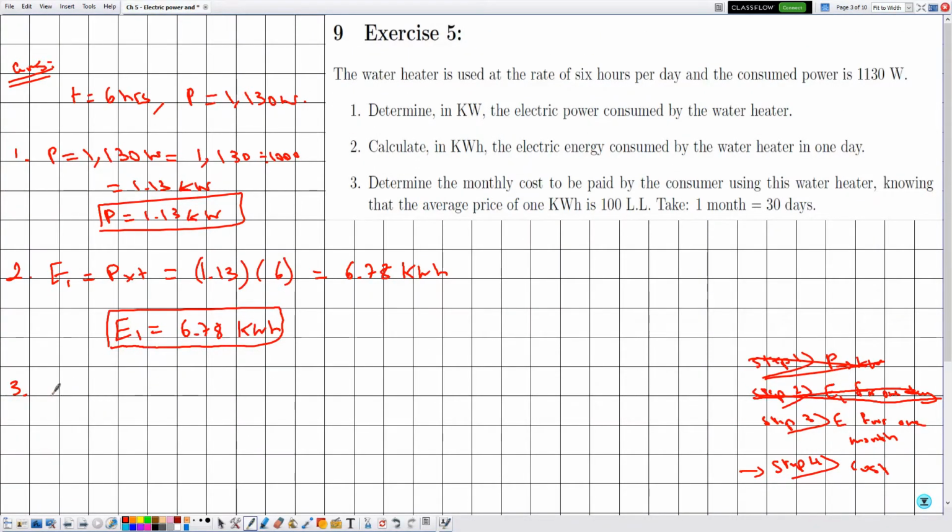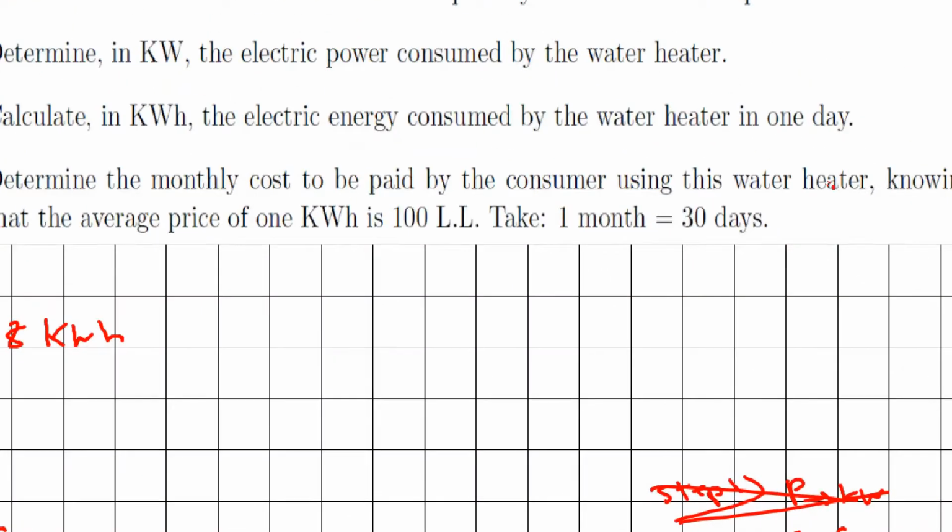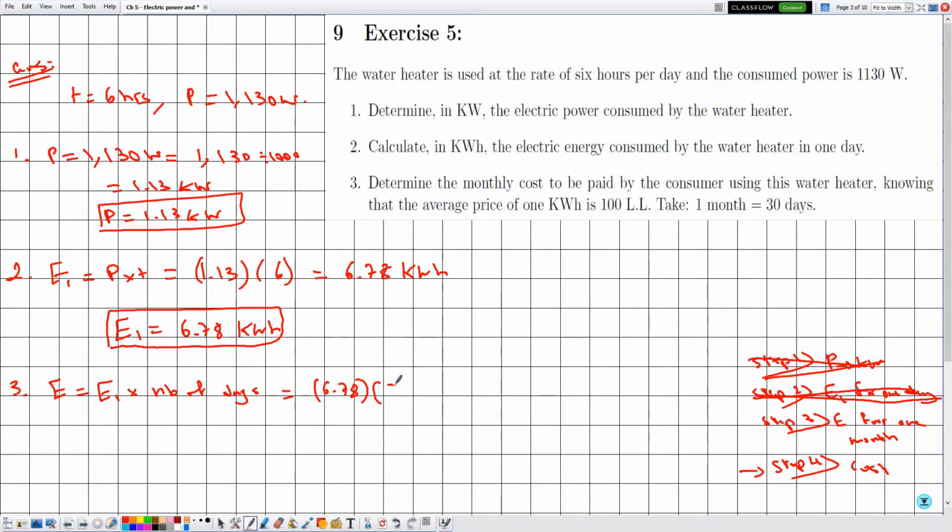So the energy for 1 month is given by E is equal to E1 times the number of days. Now E1 is given by 6.78 multiplied by the number of days we have. So the number of days in 1 month, notice that here they are telling me take 1 month equal to 30 days.